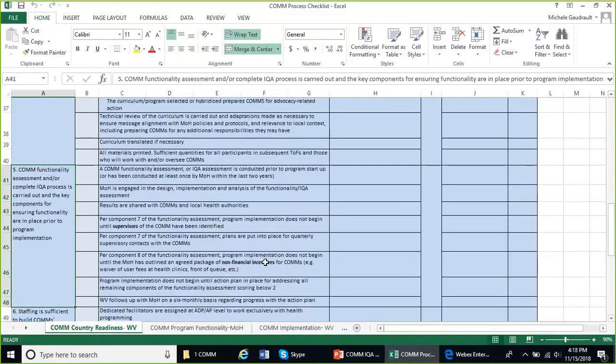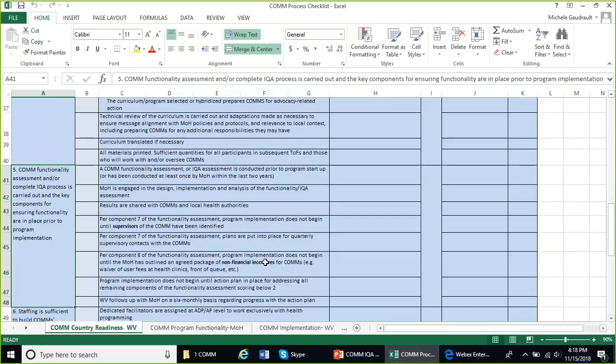The functionality assessment is the second tab that I was referring to, the types of elements that we hope to see that MOH has in place for adequately supporting these groups that ultimately are the responsibility of the MOH, but that are important to try to ensure are in place before we start implementing COMM programming.